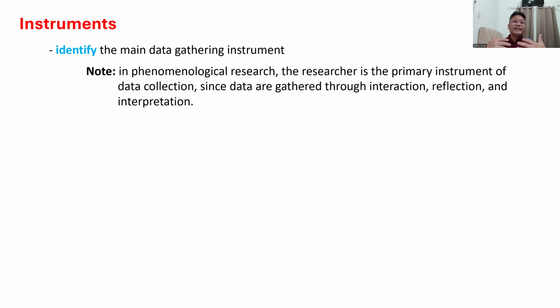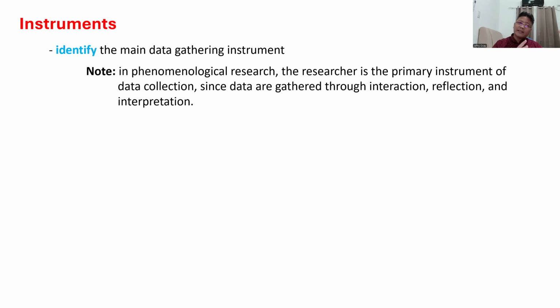But many quantitative researchers add interviews in the study for triangulation purposes to amplify the arguments. But the interview is not necessary in their data collection. Okay? Because again, the primary instruments of data collection in quantitative research are questionnaires, tests, surveys, and whatnot.